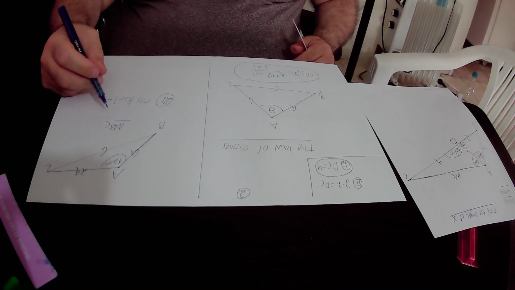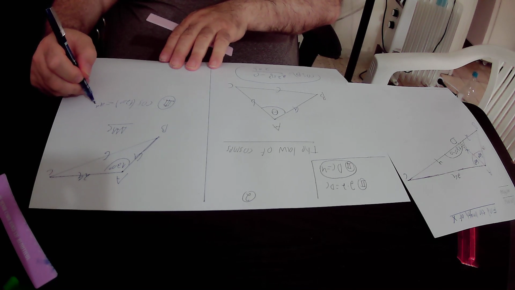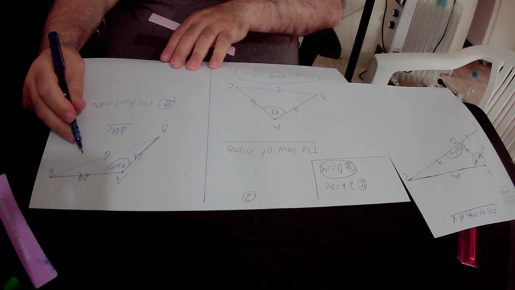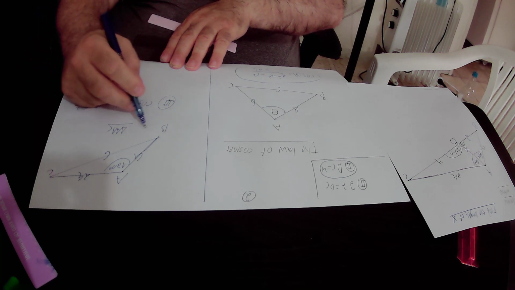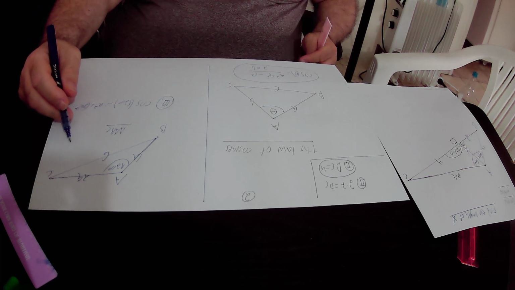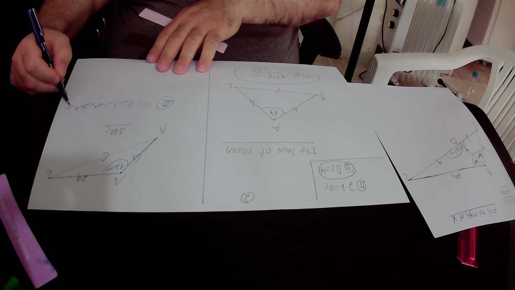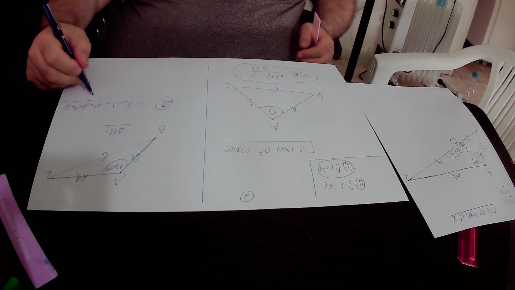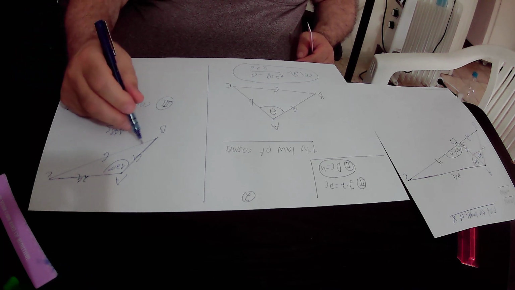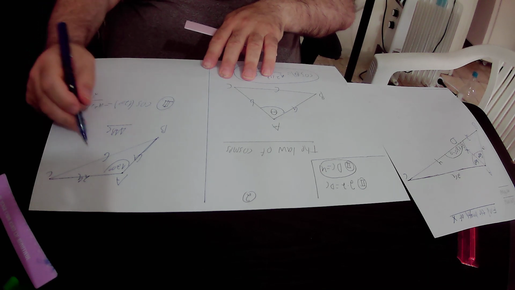equals a square plus b square, that is plus 2a square, minus c square. C square is BC square, that is 6 square, that is 36, over 2 times a times b, that is 2a.